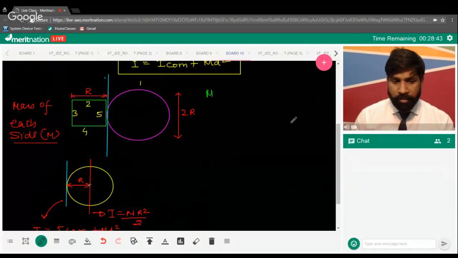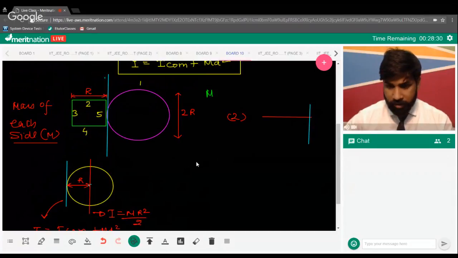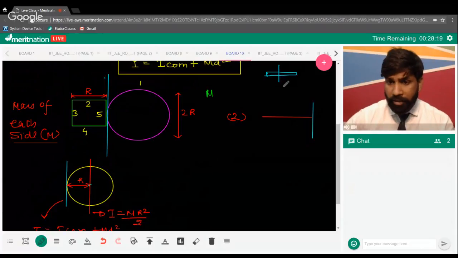Now move on to the second part, this one. We have to calculate the moment of inertia of this rod about this blue color axis. Now we know very well, beta, if we are given a rod, the moment of inertia of a rod about its center of mass is ml square by 12, and about one of its ends is ml square by 3.